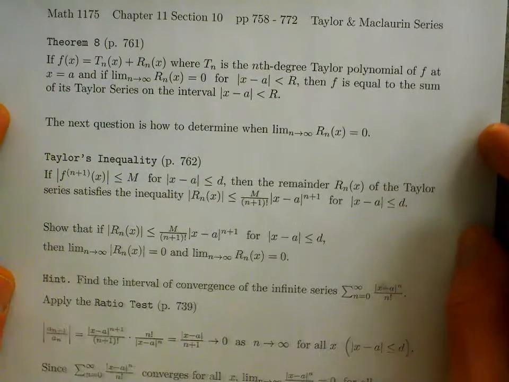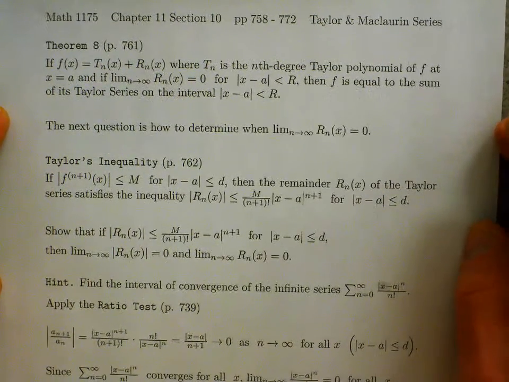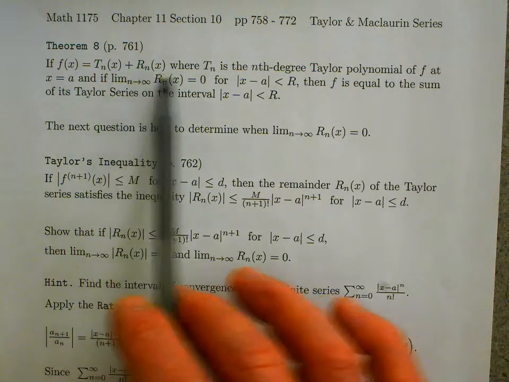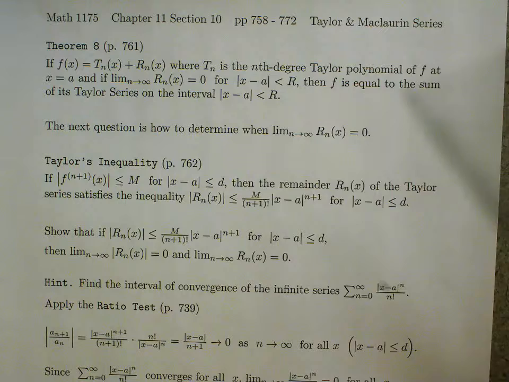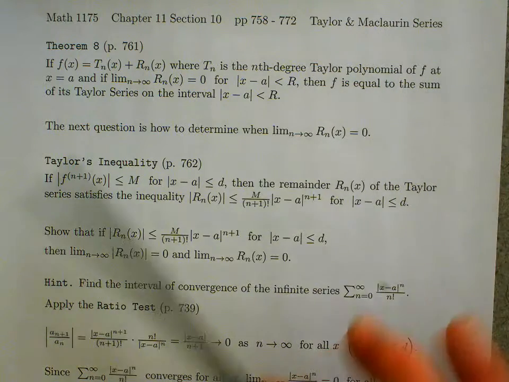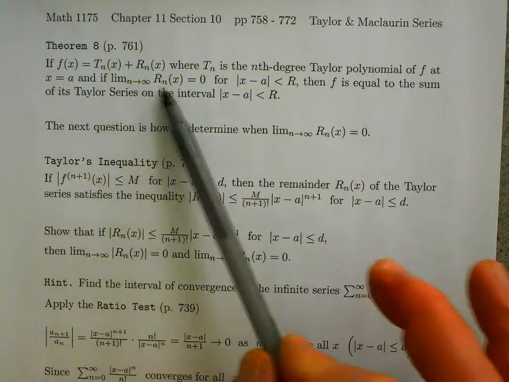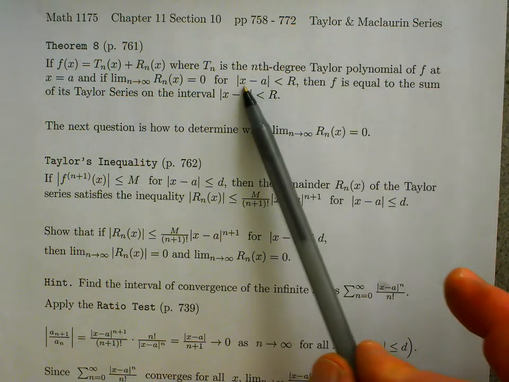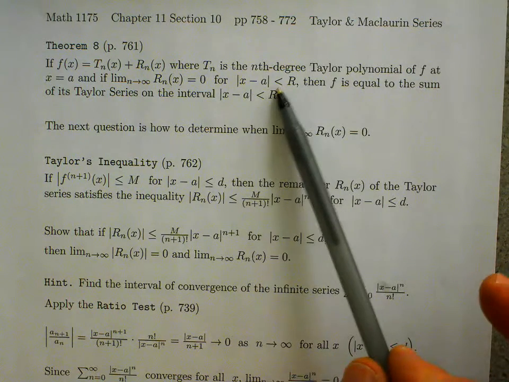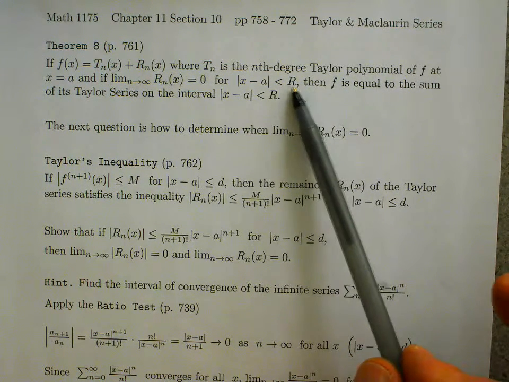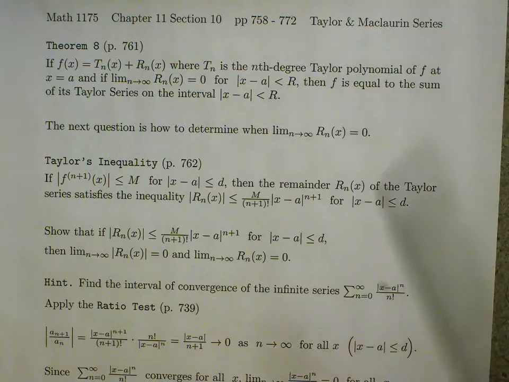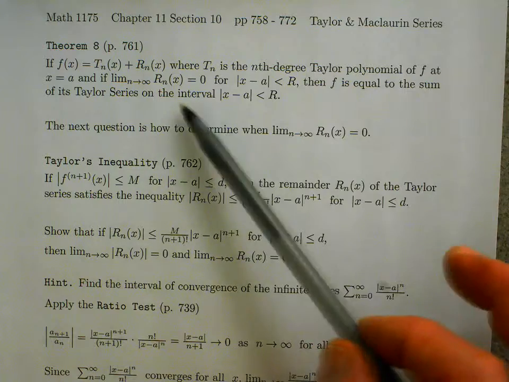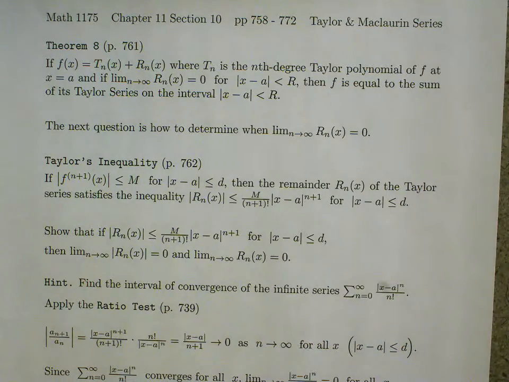So theorem 8: if f of x equals t sub n of x plus r sub n of x, where t sub n is the nth degree Taylor polynomial of f at x equals a, and if the limit of the remainder r sub n of x equals 0 for the absolute value of x minus a less than the radius of convergence, then f is equal to the sum of its Taylor series on that interval.